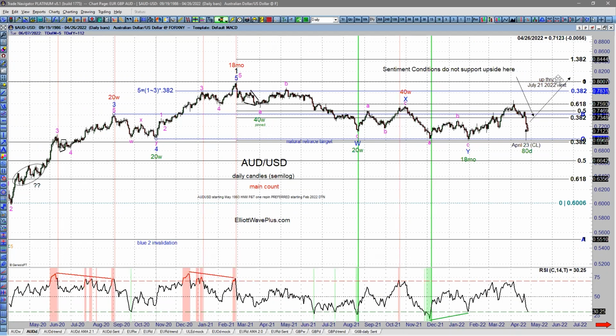You can see that my combined Elliott Wave and Hurst roadmap has been bullish on the Australian dollar against the US dollar. However, I have been putting an additional note on there that says sentiment conditions do not support additional upside. And that's been the case since the beginning of this downward movement that started back early in April.